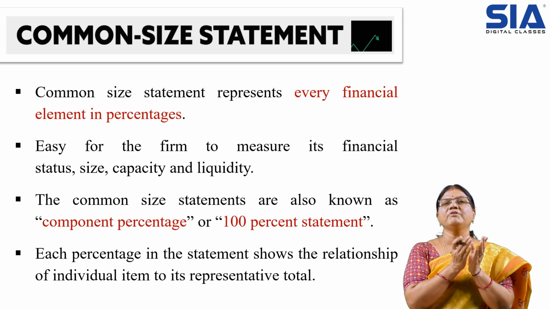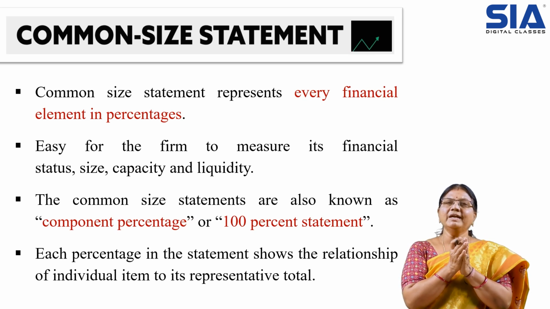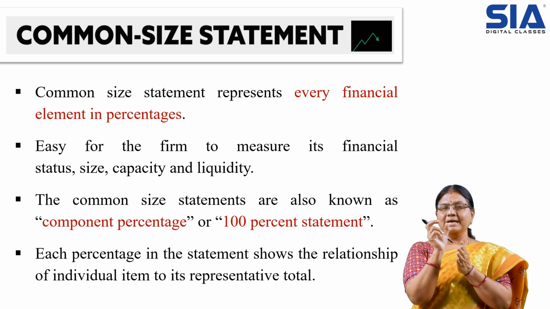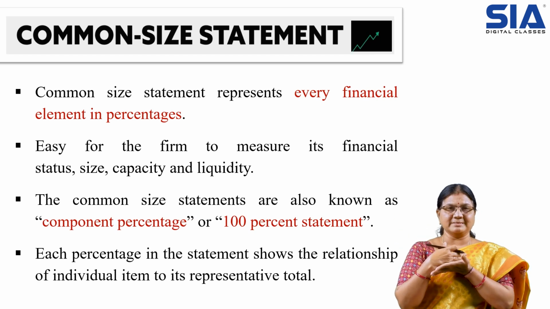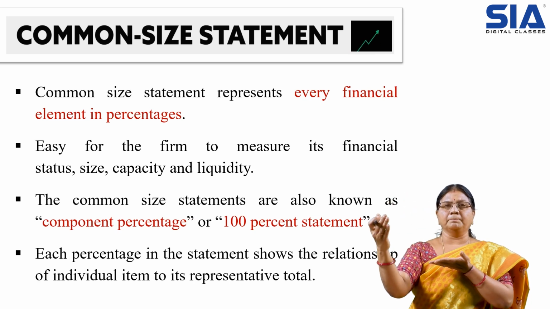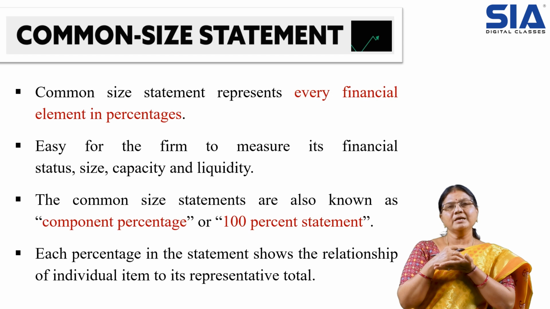For example, for the profit and loss account, we make the sales 100%, treat it as the base, and determine the other components in proportion to the sales.